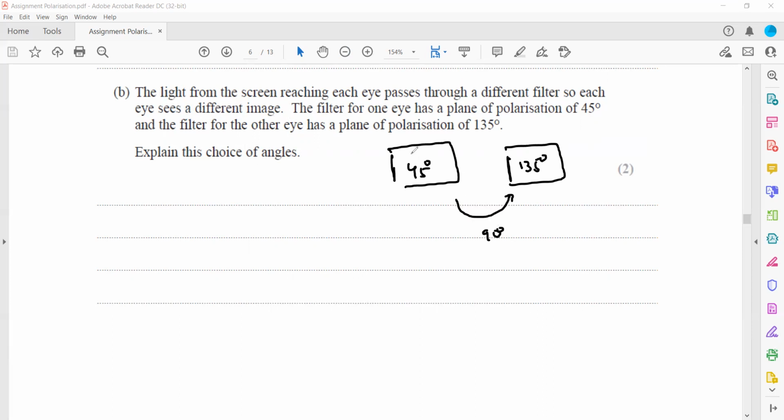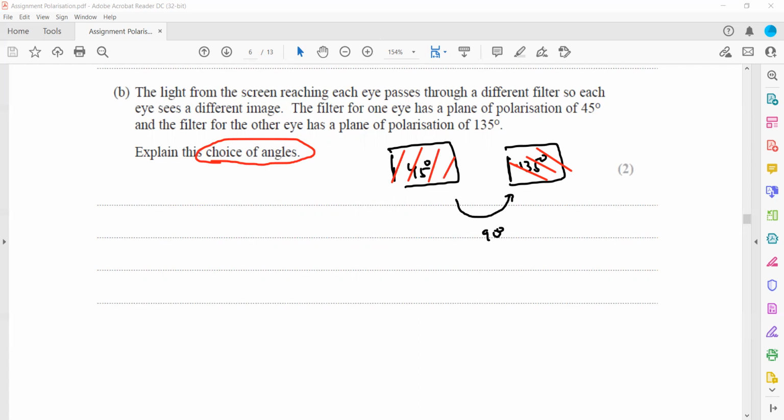It means, for example, if this is 45, so this is a 45-degree polarizer, then the 135-degree polarizer will be like this. So why? What is the reason we choose these angles? Why not any other angle?